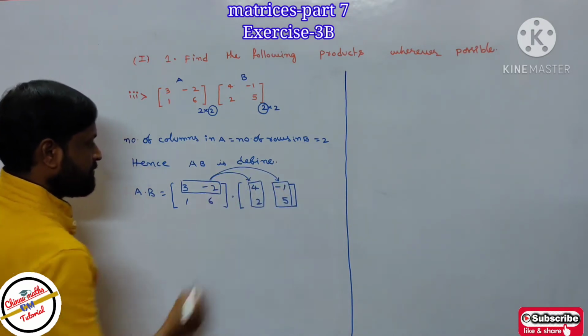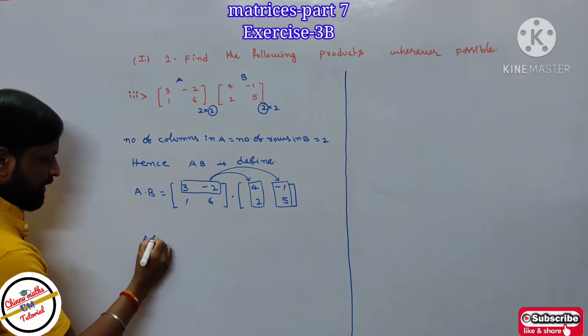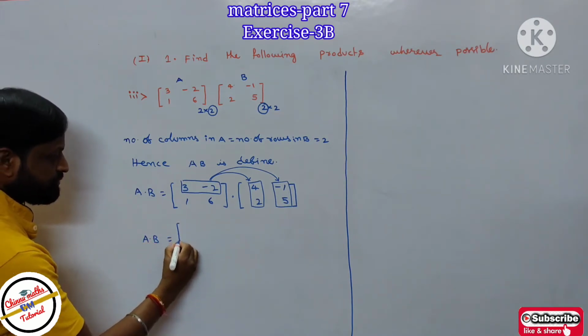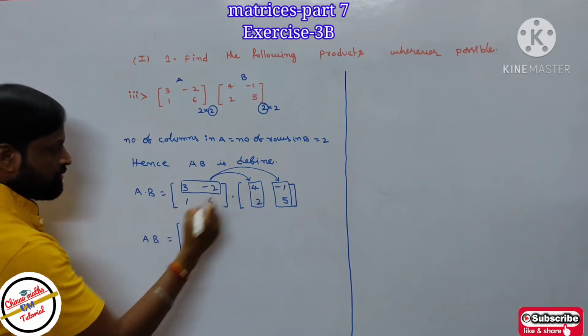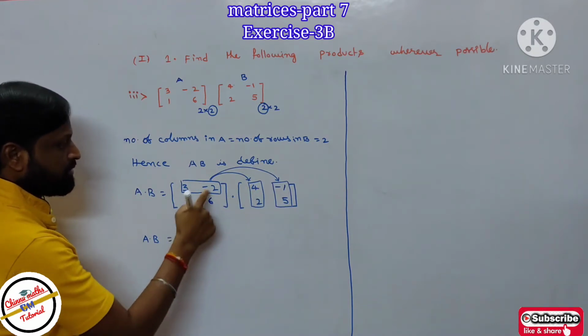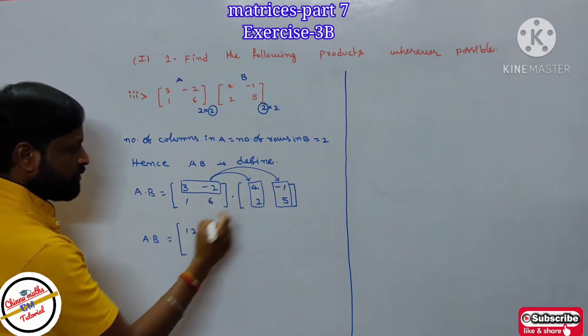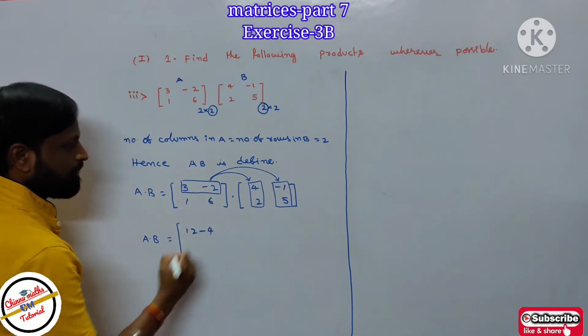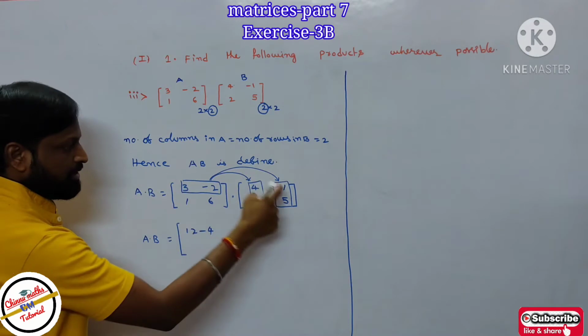So AB equals A into B: 3 into 4, directly you have to write 3 into 4, 12. Next plus, into minus, minus 2 into 2, minus 4. Next, first row and second column.